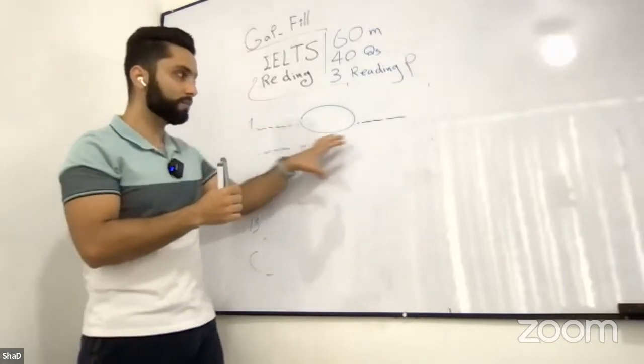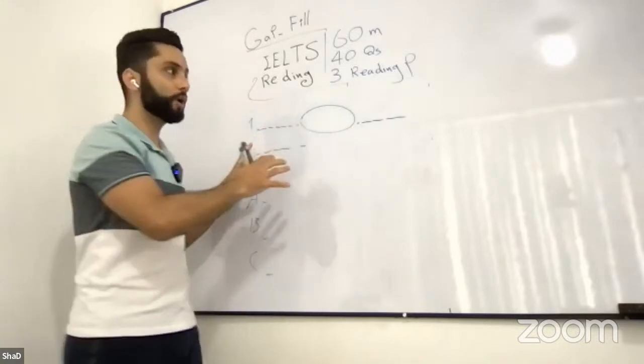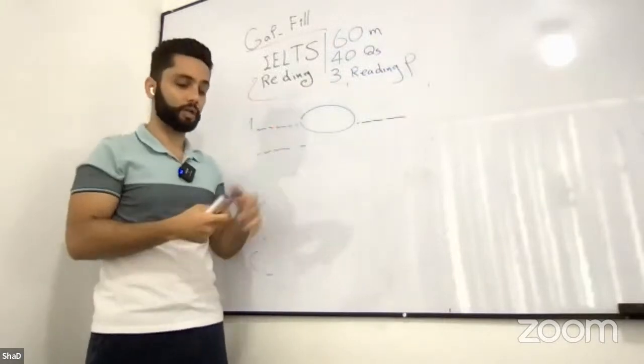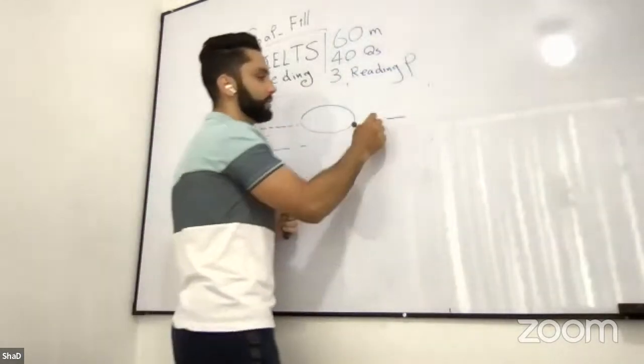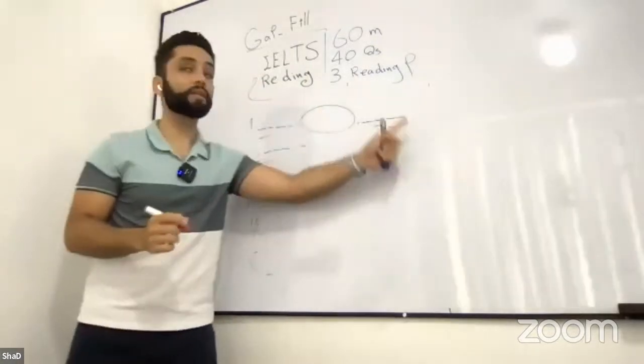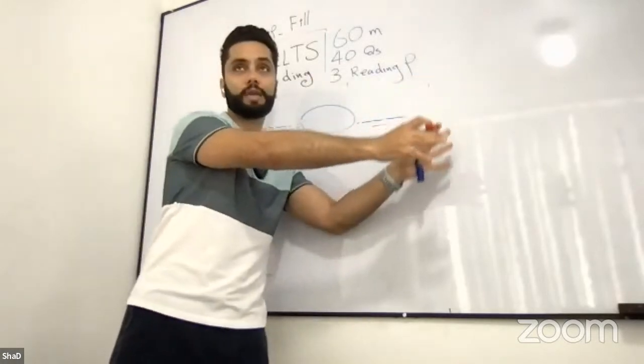There are a couple of words that can give you a clue, an idea of where you can find the answers to the questions. So you might want to highlight some of those keywords in the question. Those keywords will help you locate the answer.